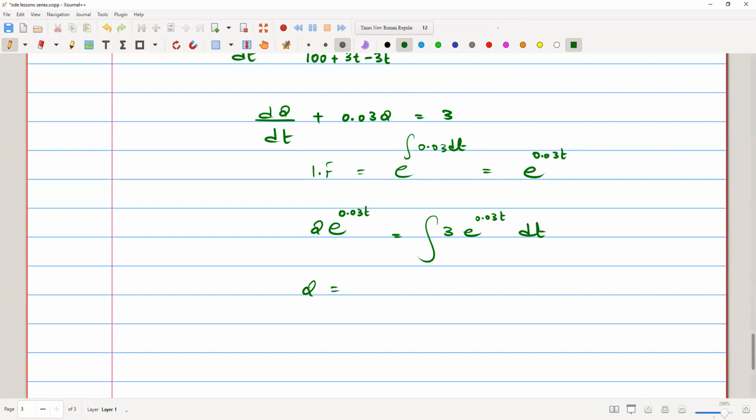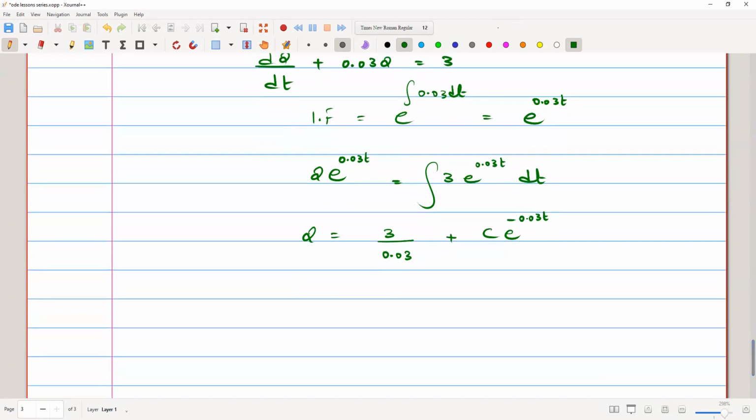So we will get q equals 3 over 0.03 plus c e to the power negative 0.03 t. Let's simplify this. So it will be 100 plus c e to the power negative 0.03 t.